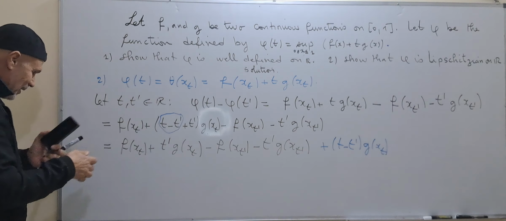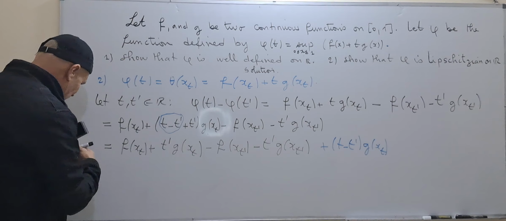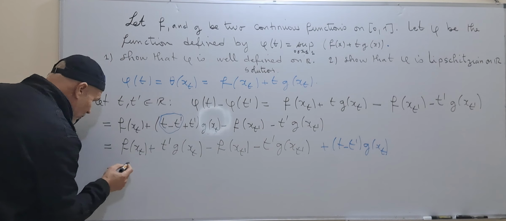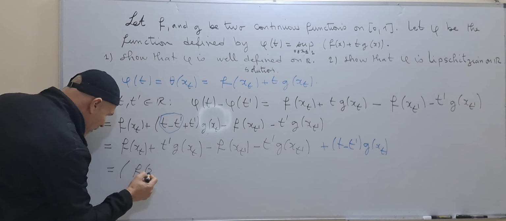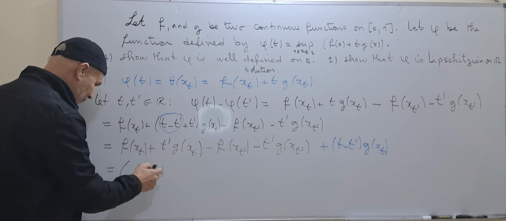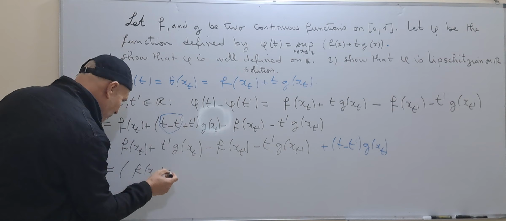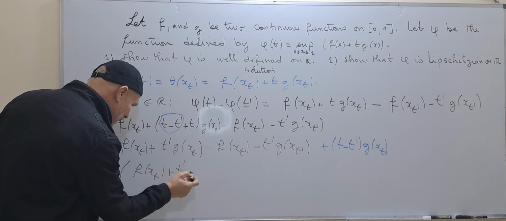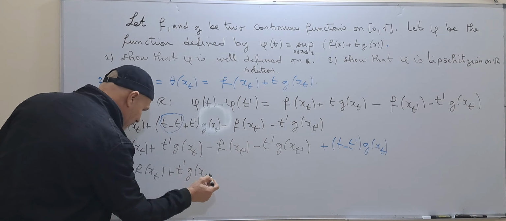This is the same thing, and we write it equal to f of x_t plus t prime g of x_t.